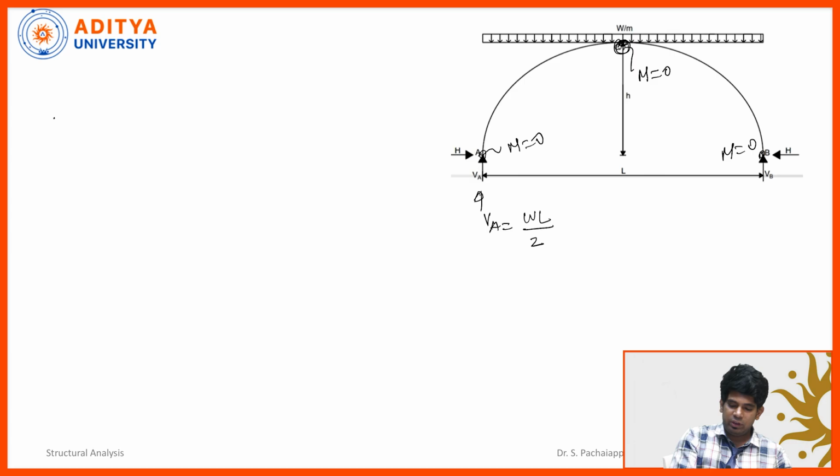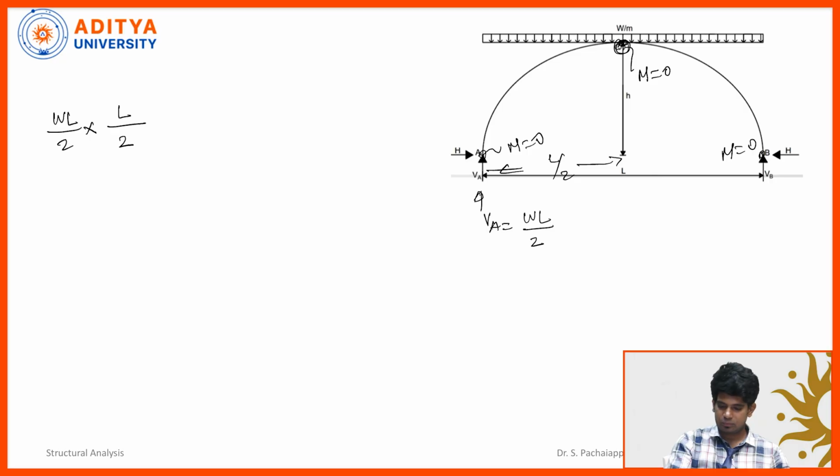So the VA value is WL by 2, multiplied by this distance, which is L by 2. The overall span is L, and up to this point it is L by 2. So WL by 2 into L by 2, force multiplied by the horizontal distance is a moment. Then minus H multiplied by small h.